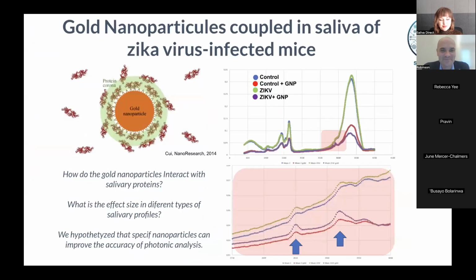Next one, please. And sometimes we have used gold nanoparticles that can be coupled with the Zika virus infected mice. And in that case, we can see in the red line that we were able to see better the lipid biomarkers in the FTIR spectra.